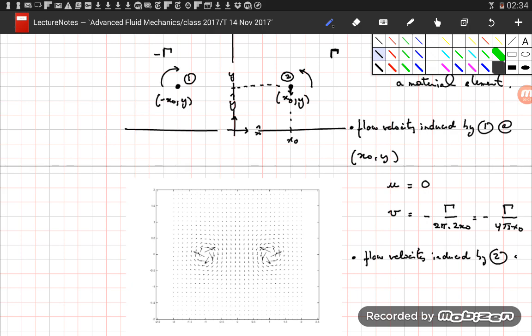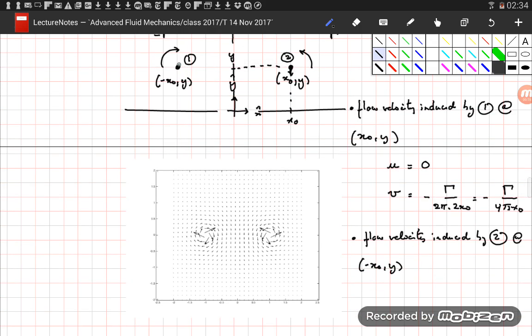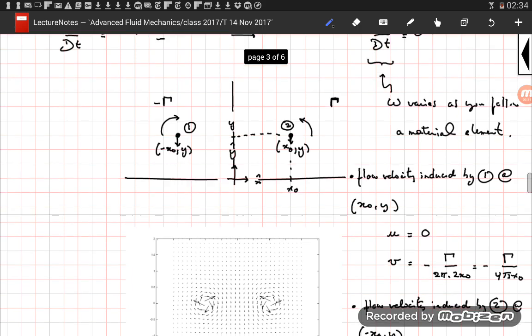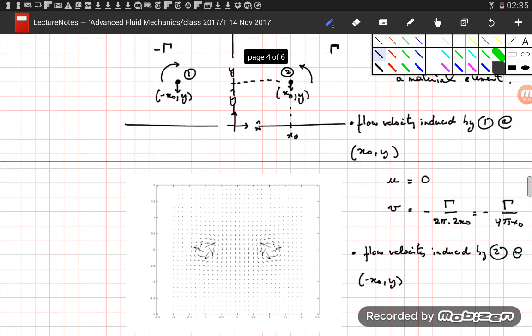So what is the flow velocity induced by vortex 2 at the point minus x naught y? Now we simply have to look at the direction of the circulation. The flow induced by vortex 2 is going to move in this direction, so at vortex 1 it is going to be in the circumferential direction, in this direction here. Again, u is going to be equal to 0.